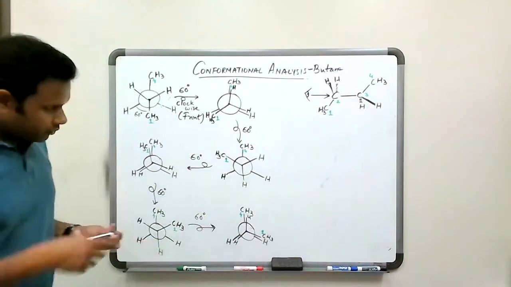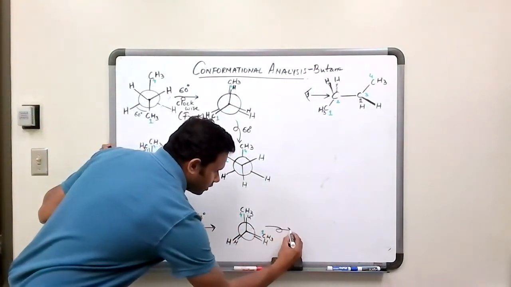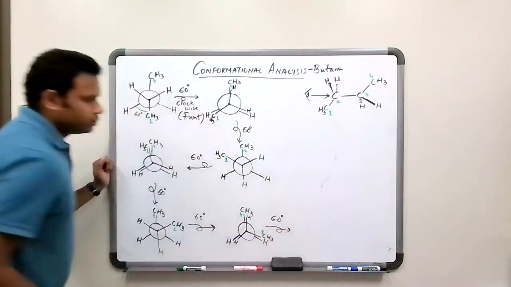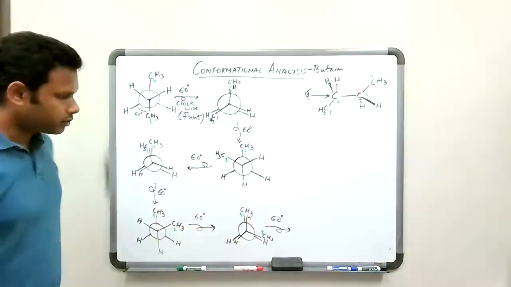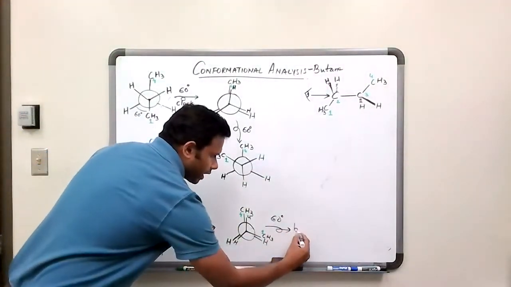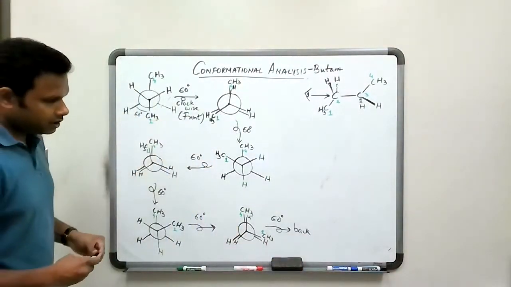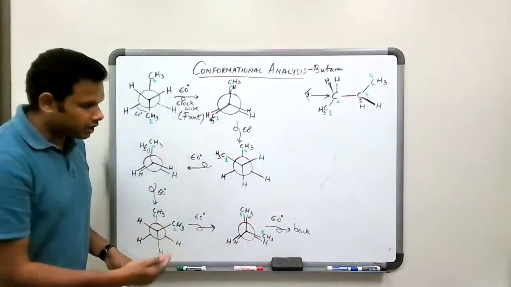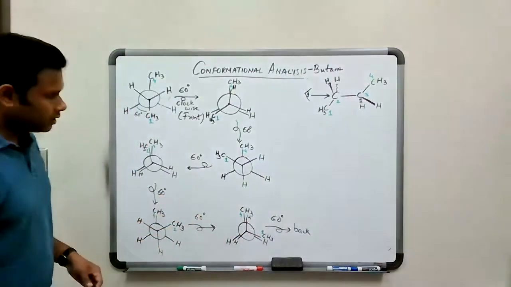Those are the conformations, and then we can do one final conformation. In fact, I'm not going to draw this in, but if we did another 60 degrees, we would come back to the first conformation here, because now this methyl will come down. So we would have done a 360 degrees rotation at this point.